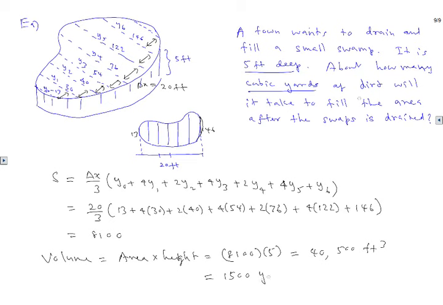Because 1 yard is 3 feet, you divide by 27, so you get 1500 cubic yards.